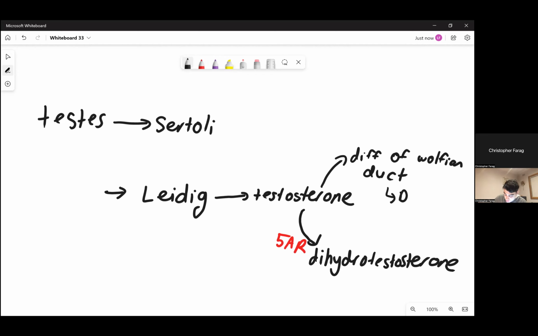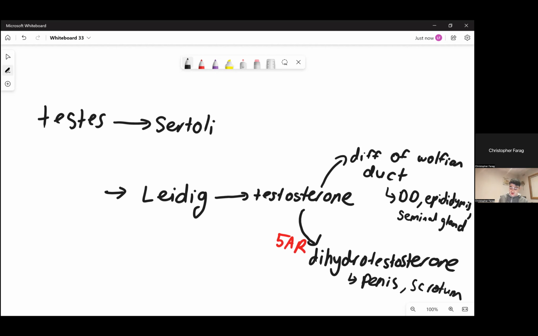Okay, so your ductus deferens, epididymis, and your seminal gland, also known as your seminal vesicle. All right. So what does dihydrotestosterone do? Well, that produces your external genitalia. So the dihydrotestosterone is going to go on to make the penis and the scrotum. Awesome.